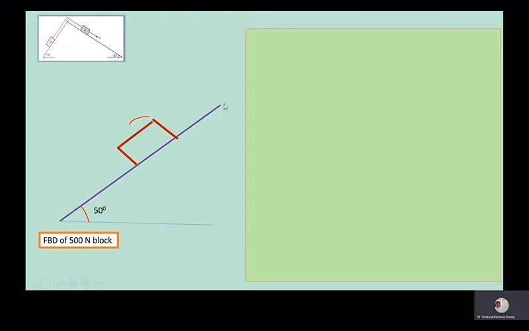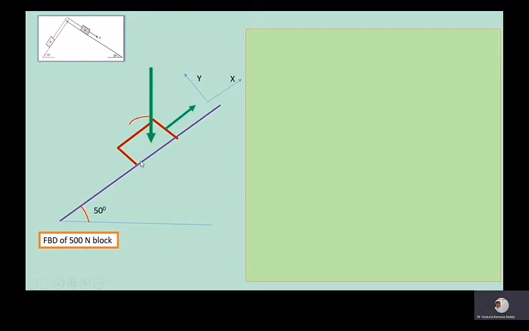Now we'll draw the FBD. See, this is the incline. This incline is making an angle 50 degrees to the horizontal, and the block is placed on the incline, and this is the cord. Tension always acts away from the body. X-axis along the incline, Y-axis normal to incline.